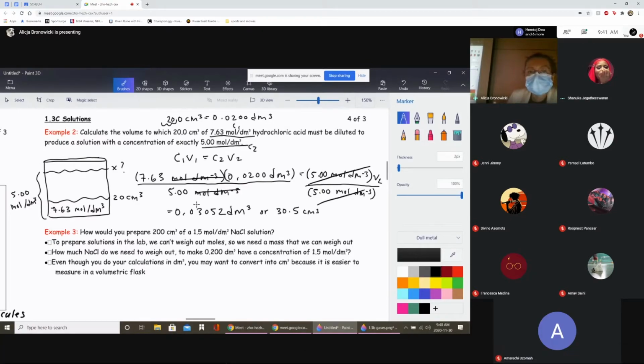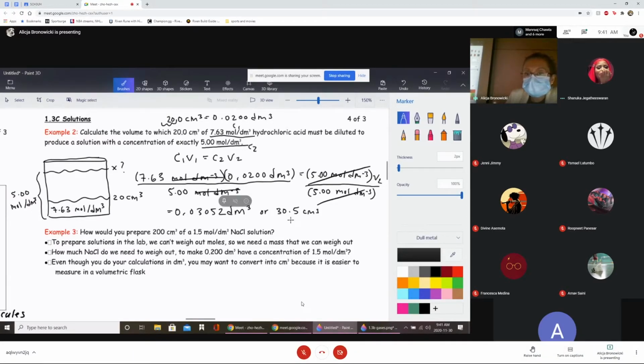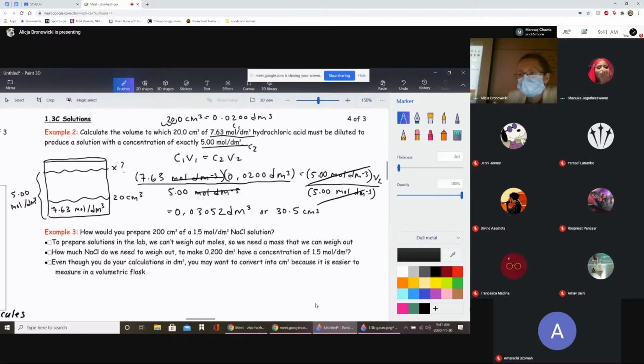So to get a concentration of 5 moles per liter, you would need to dilute your solution to 30.5.